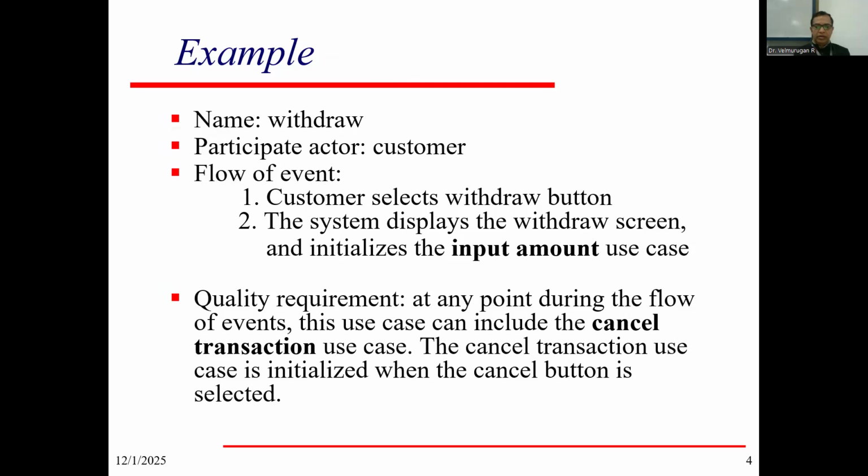We are not going to bother about the pre-processing; we take into account that the pre-processing is already done. And then we are going to give the input related to whatever amount I want to withdraw. And a new thing is introduced here, as I told in the previous segment itself: a quality requirement.